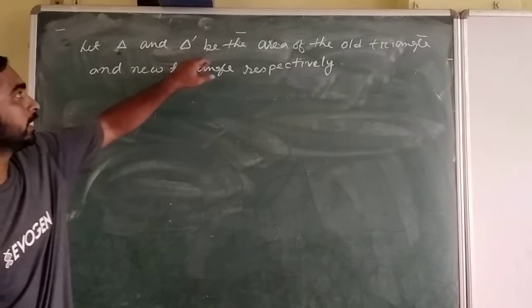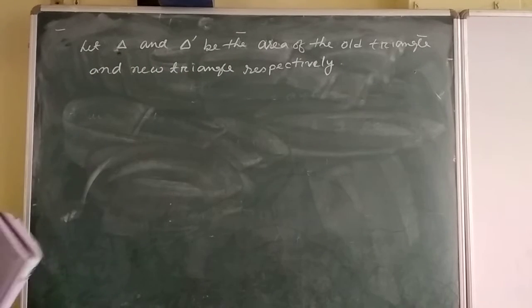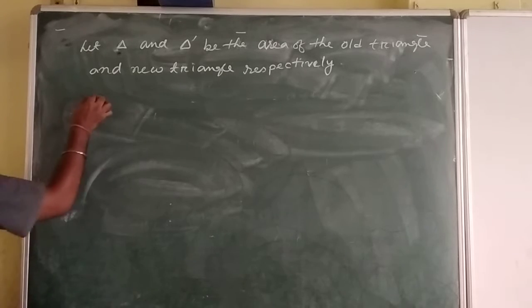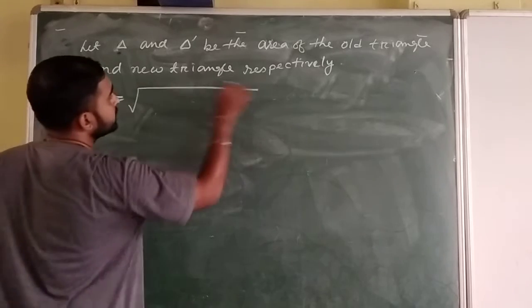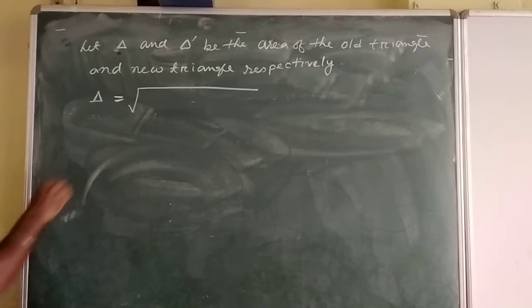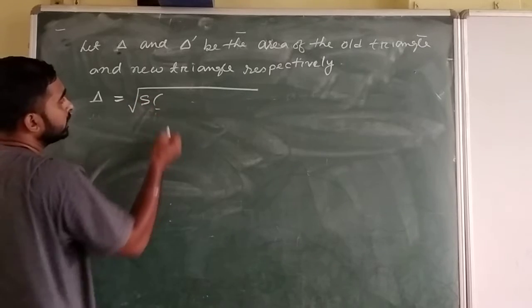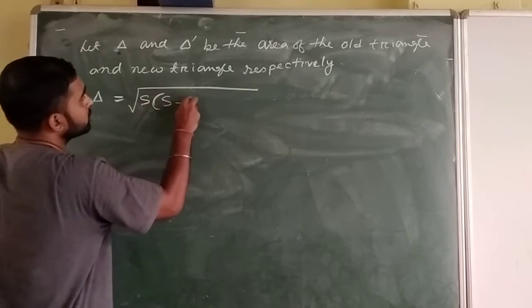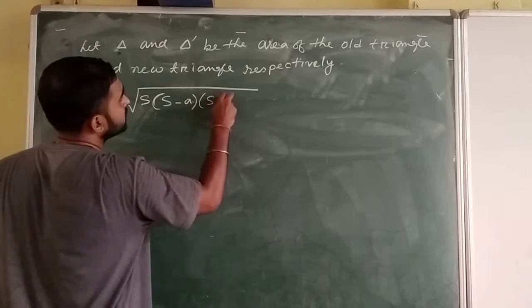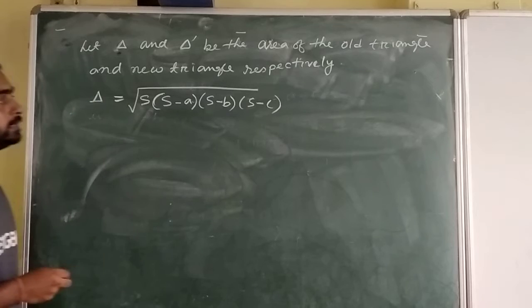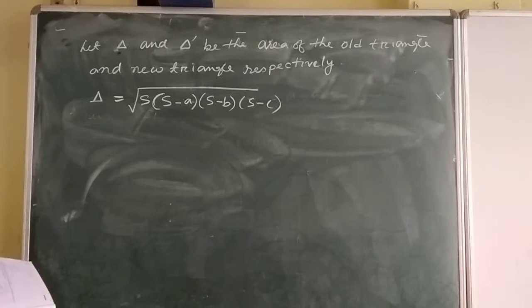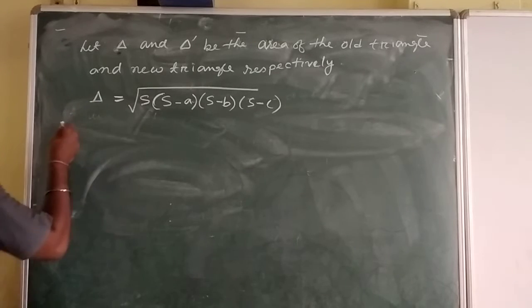So delta and delta dash are the area of the old triangle and the new triangle respectively. What is the area of the old triangle? In the old triangle, the semi-perimeter is S and the sides are A, B and C. So area equals the square root of S into S minus A, S minus B and S minus C.